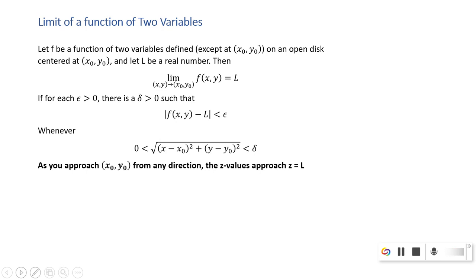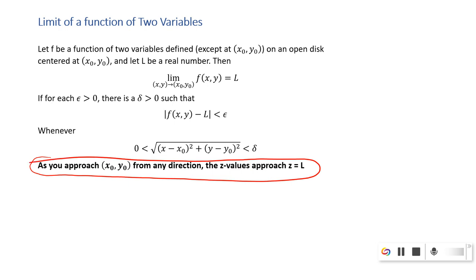But in this class, we don't have time to talk about the formal definition of these limits. The important thing on this slide is basically, as we approach this point from any direction, if the z values approach some number z equals L, that's what our limit is equal to.